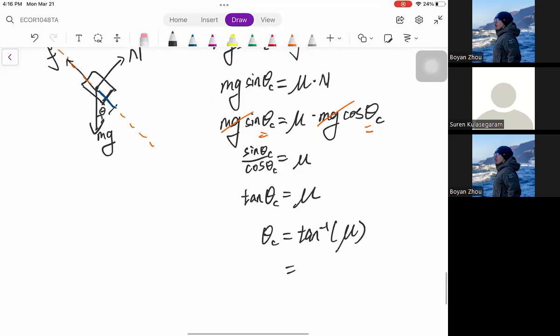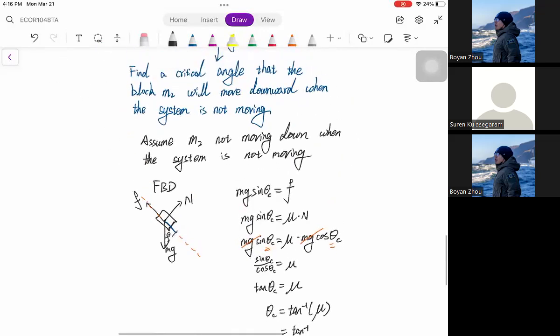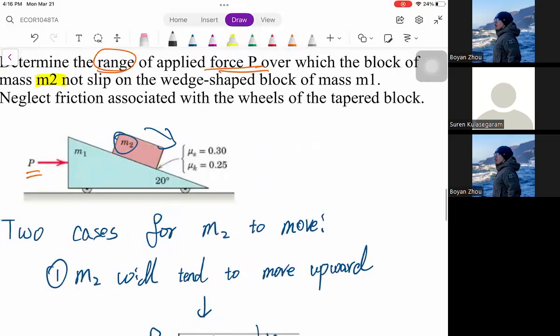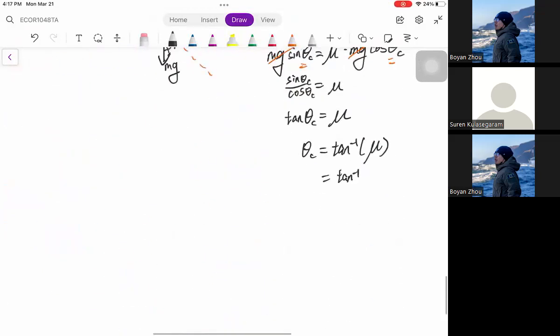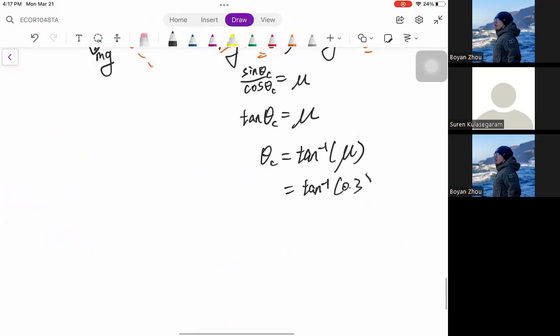Then we plug in the number. In this question, mu is given; 0.25 is for when the block is actually moving, but since we don't want it to move, we need to use the static friction coefficient, 0.3. Plugging in 0.3, you'll find the critical angle is equal to 16.7 degrees.